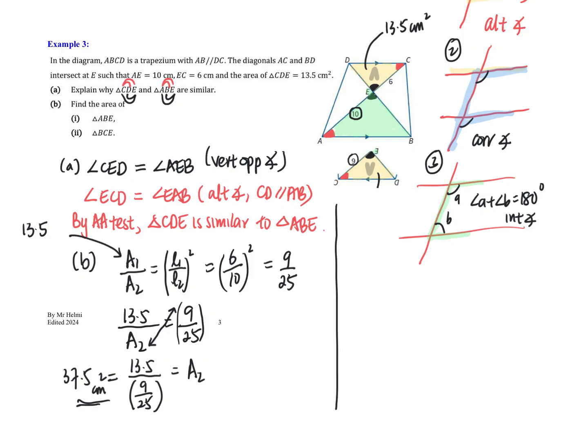Okay, so knowing this is 37.5. Now the question says, can you find BCE? Okay, can you find BCE? So what can we... Wait, we want to find BCE. Then it is the other triangle already.